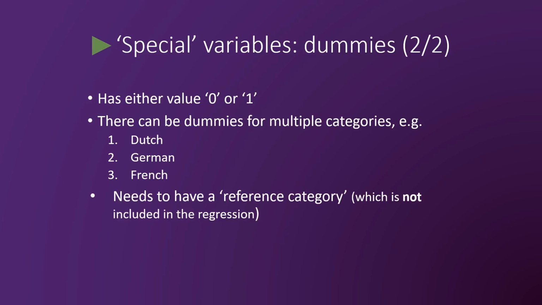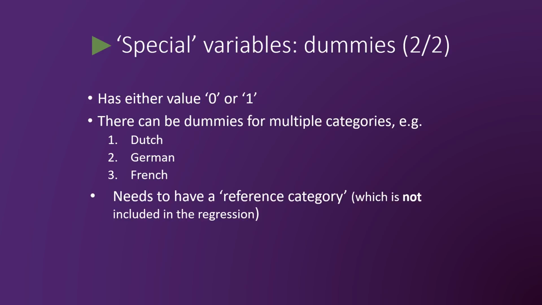Something to keep in mind, and we'll look at this in the tutorial a bit, is that these dummy variables need to have a reference category. This means that there's one of these categories that we are comparing the other categories to. In the actual application, this is something that you can choose to do in research methods too: we'll leave one out of the regression analysis, and that becomes our reference category.